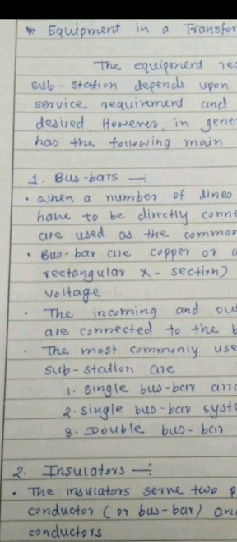When a number of lines operating at the same voltage have to be directly connected electrically, bus bars are used as the common electrical equipment. Bus bars are copper or aluminum bars and operate at constant voltage.